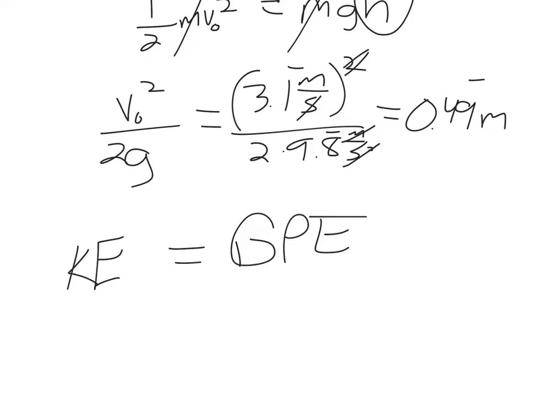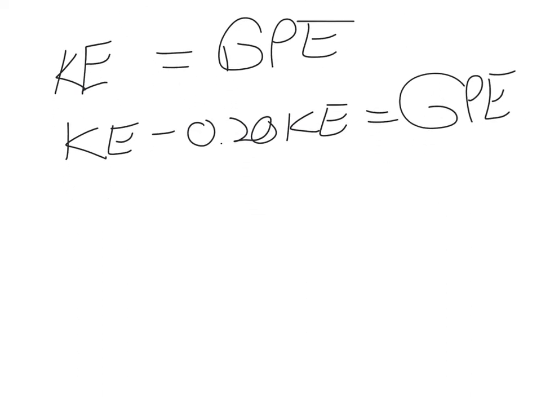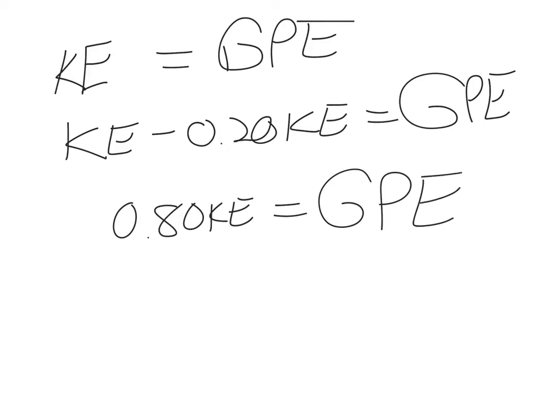Well, now we're losing 20%, so minus 0.20 of that kinetic energy is now going to be equal to the GPE. If we subtract that out, that means 0.8 is left. So 80% of the kinetic energy is still there, and that's what gets turned into gravitational potential energy.